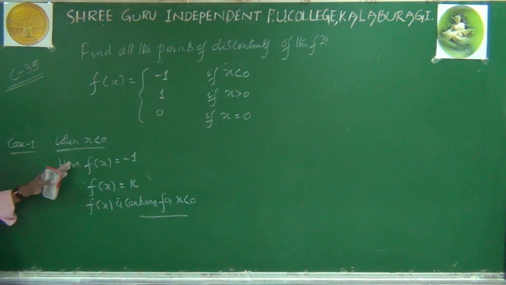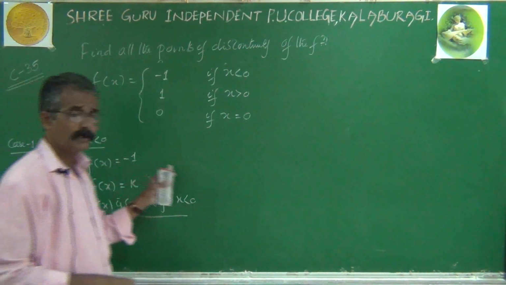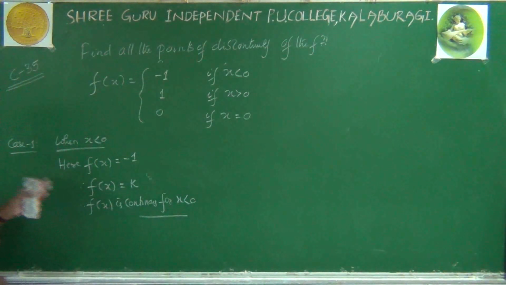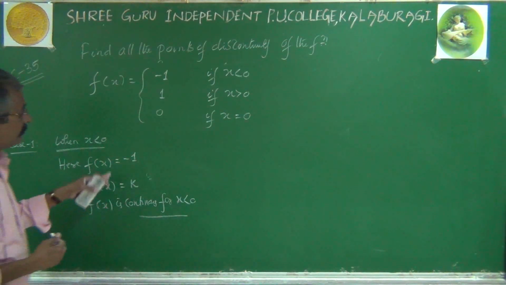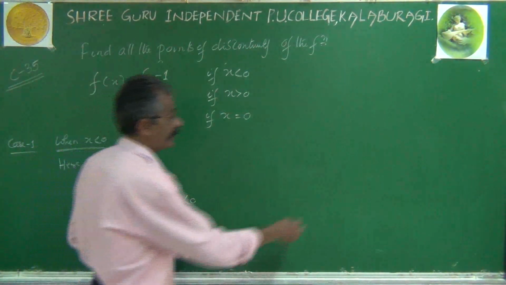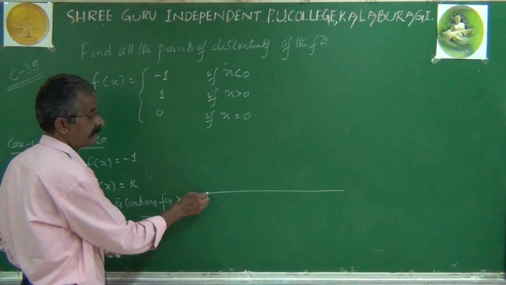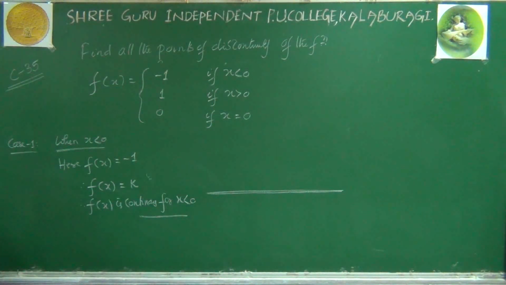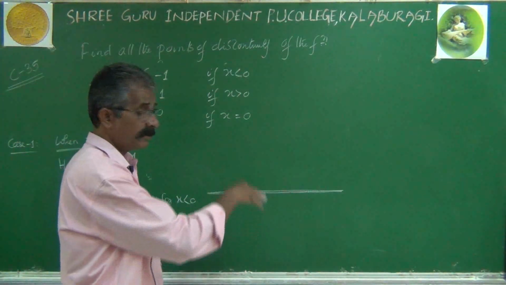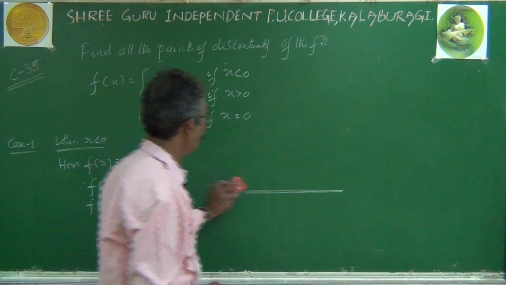As good as it is a straight line, y equal to minus 1, in the third and fourth quadrants. When x is negative, in the third quadrant, it is a straight line parallel to the x-axis. On this straight line every point is a point of continuity. No question of discontinuity on this straight line.